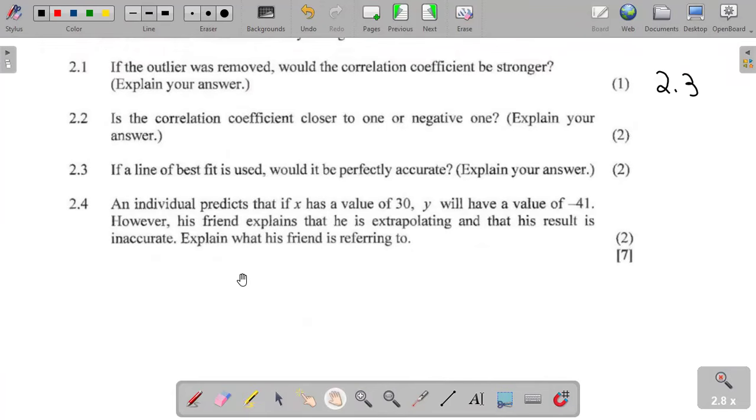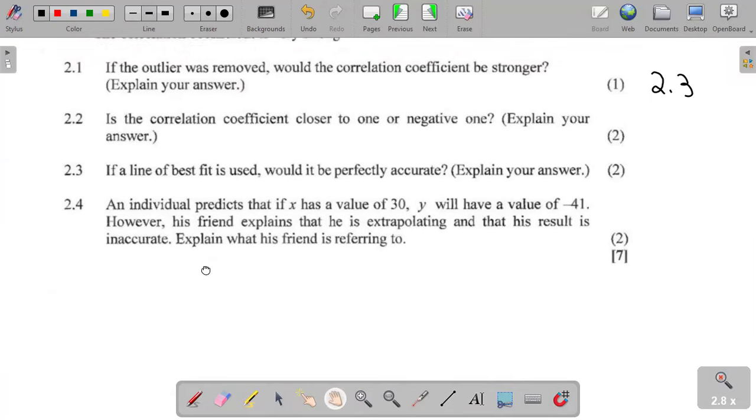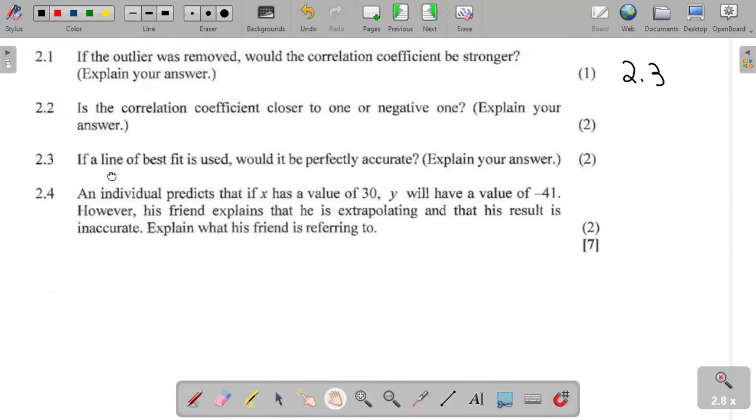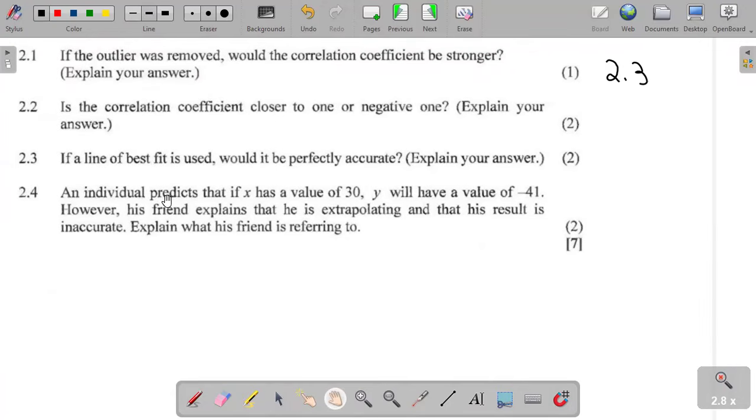2.3. They say if a line of best fit is used, would it be perfectly accurate?